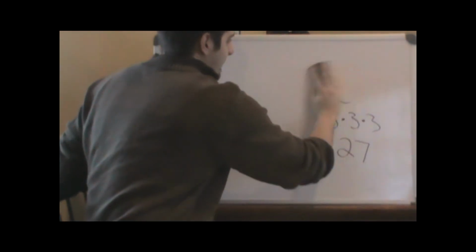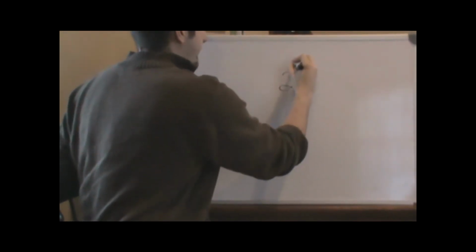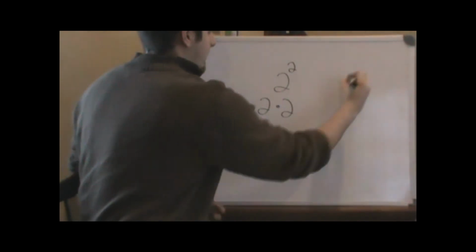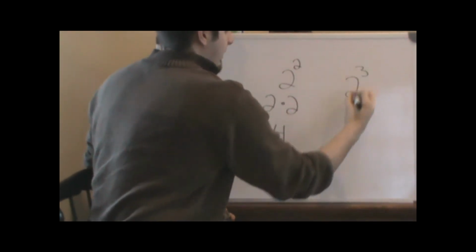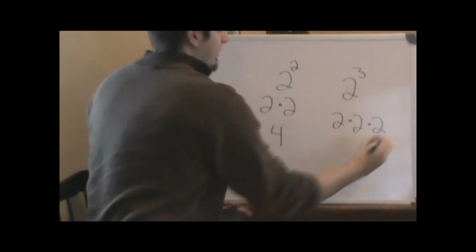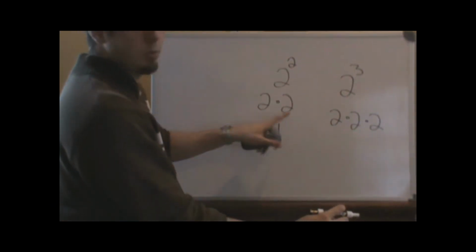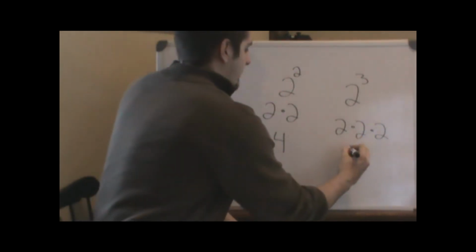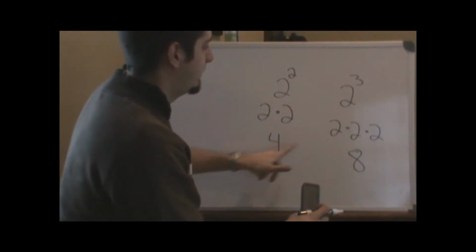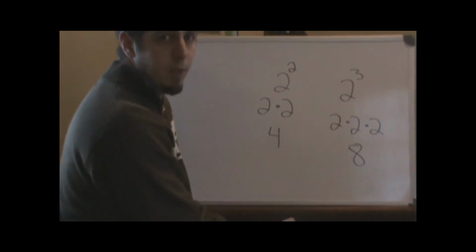For example, if I go from having a base of 3 to a base of 2, as I go up an exponent, I add a times 2 onto the end, and I end up with 3 2's instead of 2 2's. Before, I was multiplying by 3's because of the base. So now, as I move up one exponent, my answer is being multiplied by 2 instead of 3, because the base is 2.